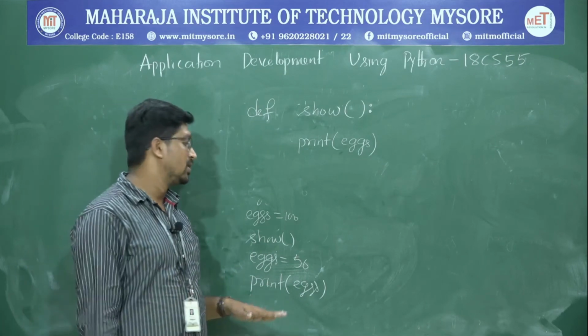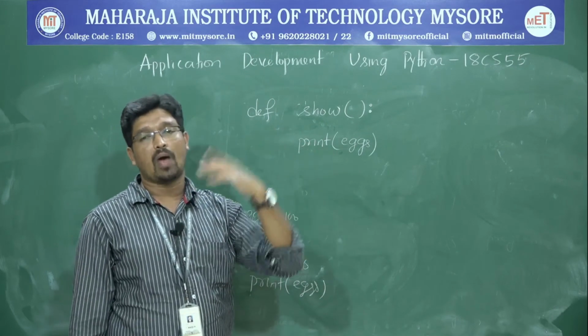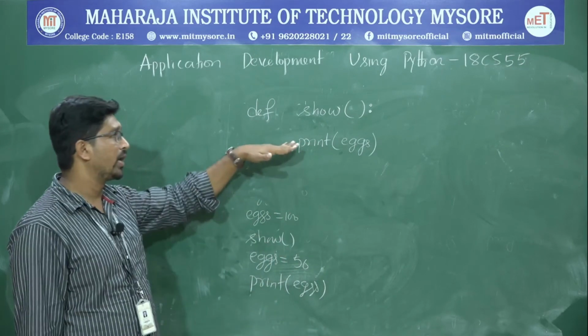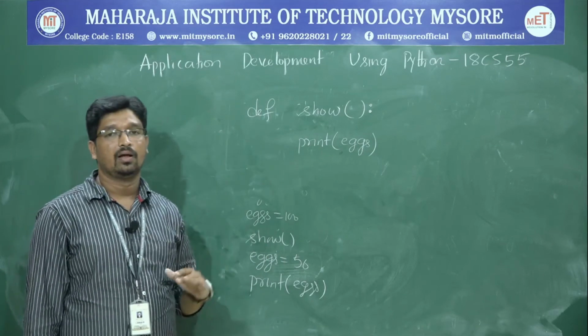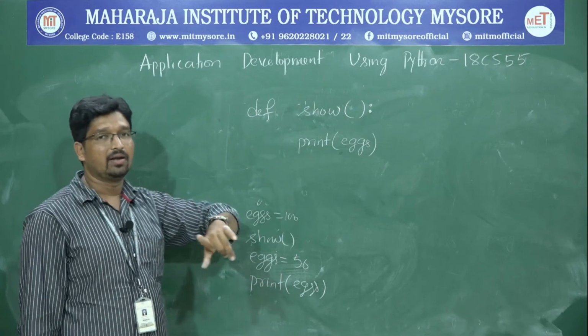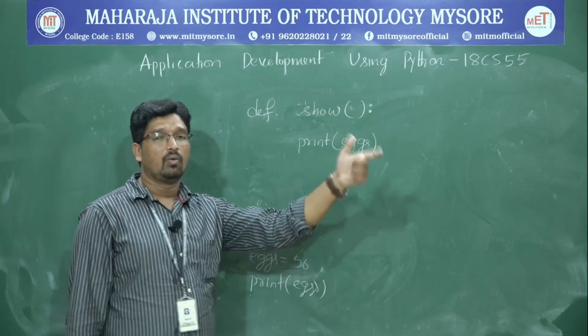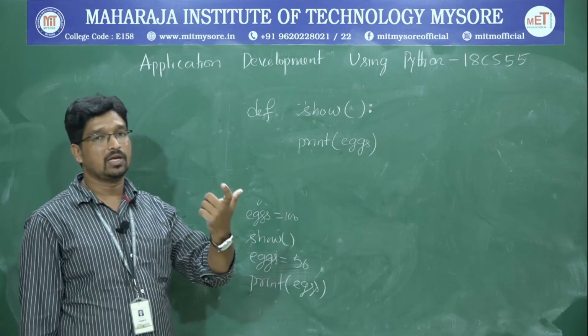Now my question is, I want my local function to change the global value. I don't want to print 100 as a result. I want to print something else. Then it is possible. It is possible because of one more keyword called the global keyword.